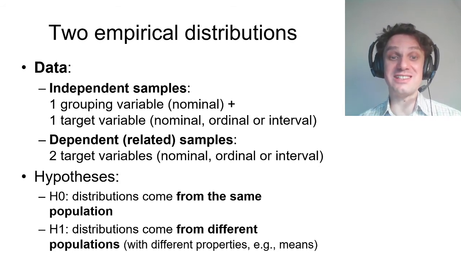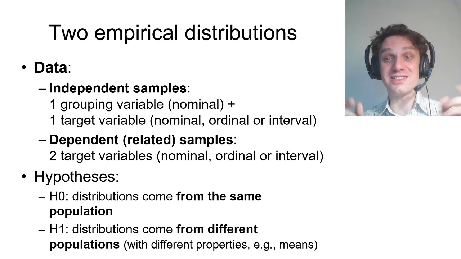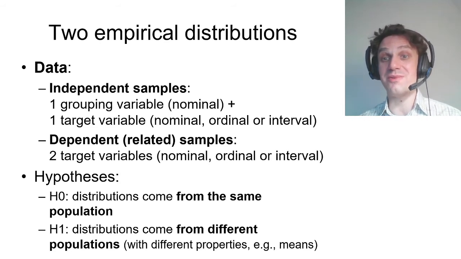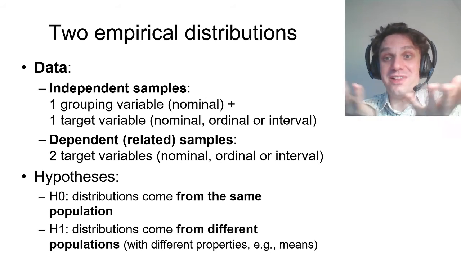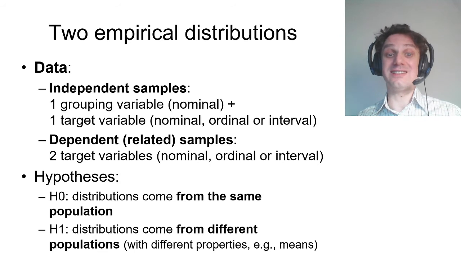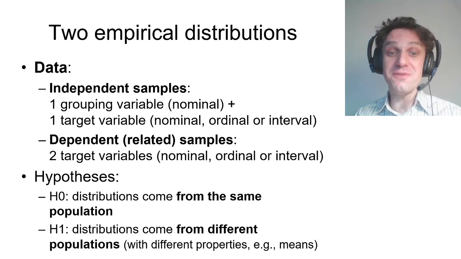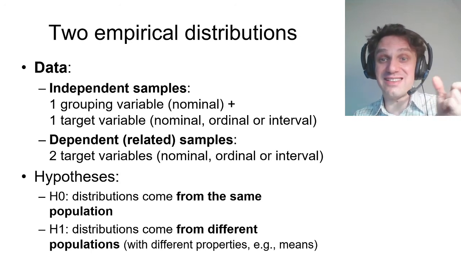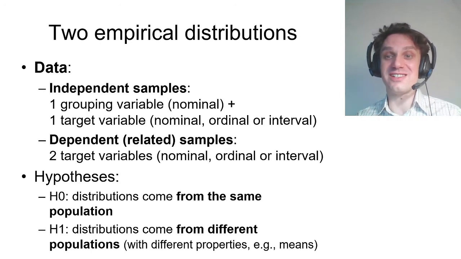Hypothesis H0 states that distributions in these samples come from the same general population, come from the population with the same properties. And H1 states that distributions come from different populations. And we say that the properties of these distributions are statistically significantly different.